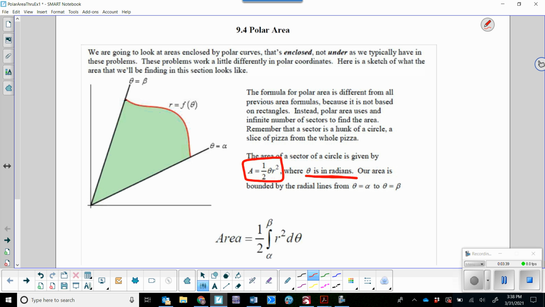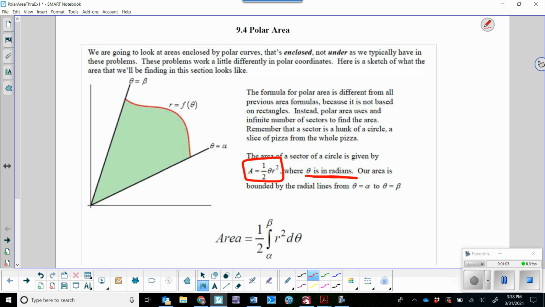And then instead of x equals 1 to 3 or y equals 2 to 4 for our range, for our integral, we're sweeping out from theta equals alpha to theta equals beta. So we're sweeping that out and covering this area.